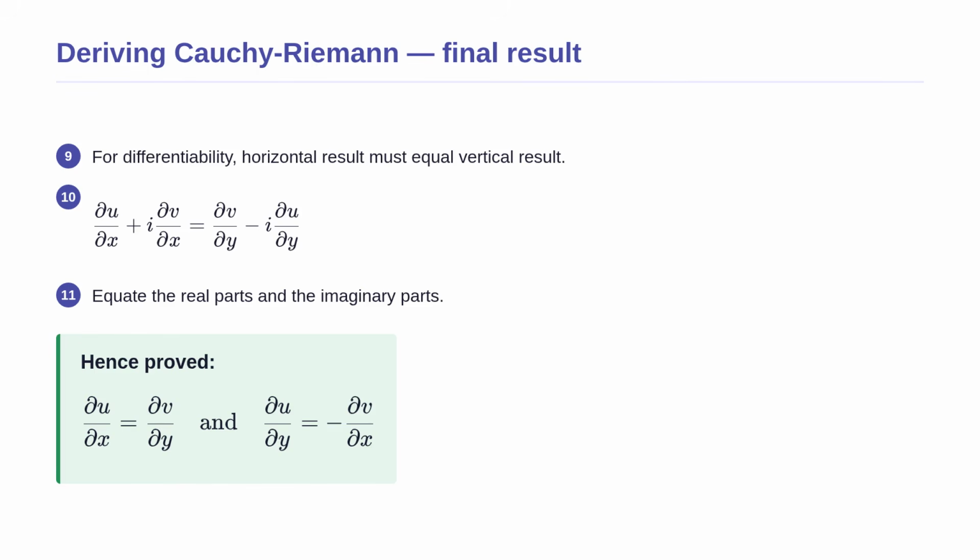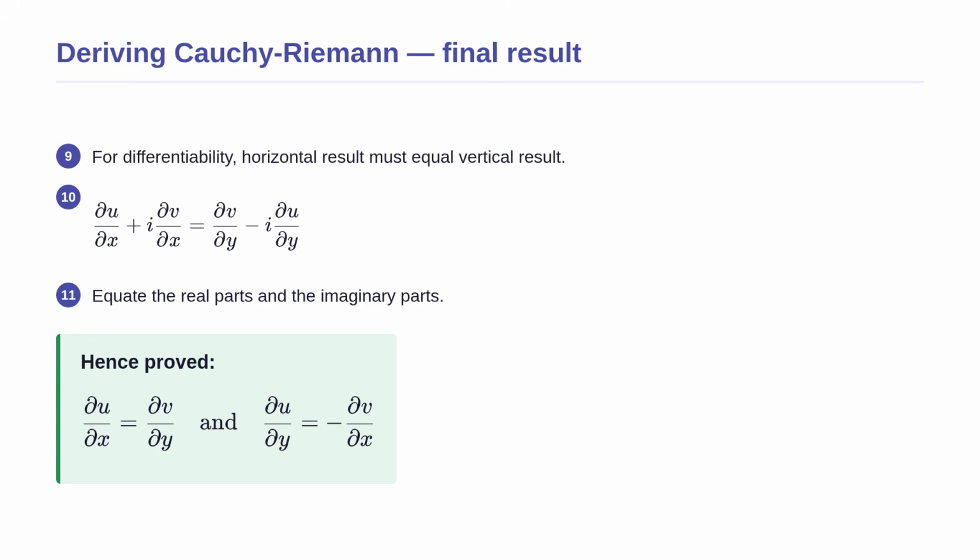This brings us to the final step of our derivation. Remember our golden rule from the very beginning? For the function to be differentiable, the slope must be identical from every possible direction. Therefore, the mathematical result from the horizontal path must perfectly equal the result from the vertical path.